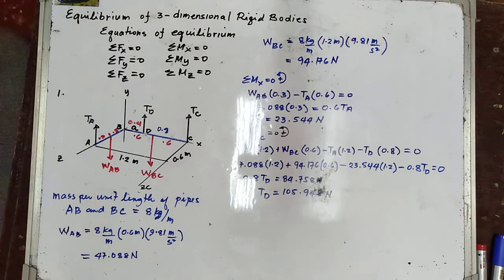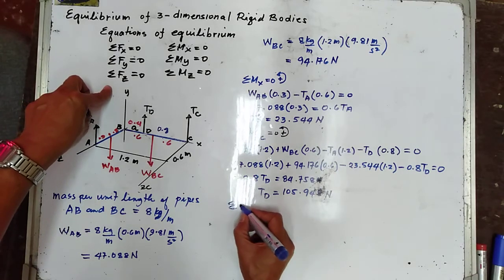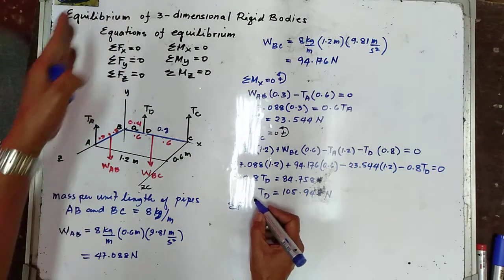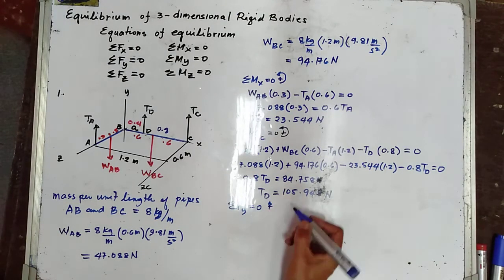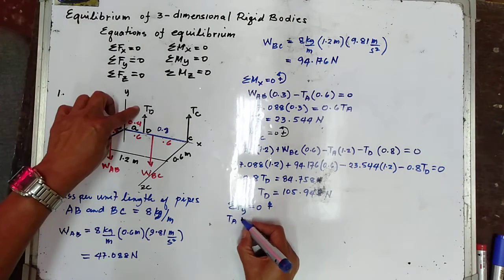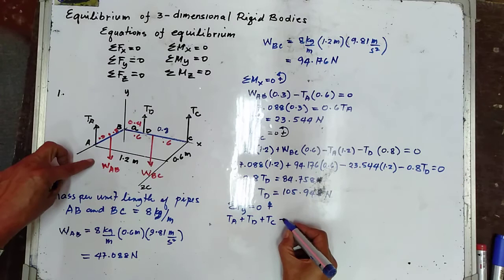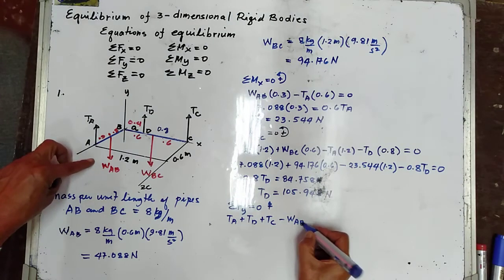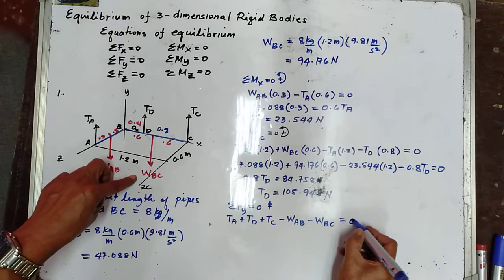So next, let us take the summation of forces in the vertical direction, the y direction, equal to 0. Upward forces positive. So we have TA plus TD plus TC minus WAB minus WBC is equal to 0.